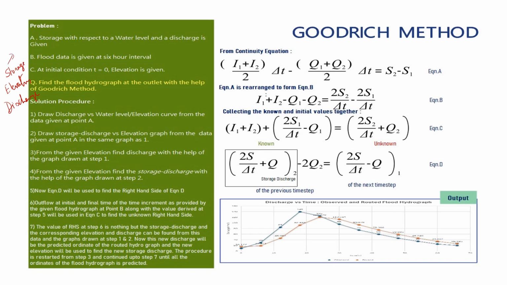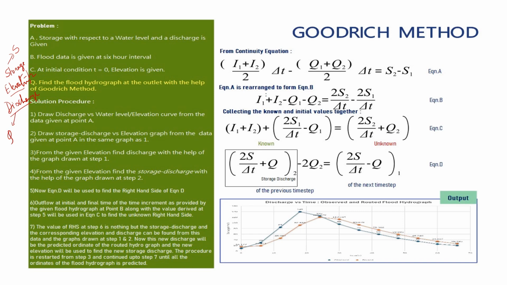Storage is represented by the letter S, elevation is represented by the letter small h, and discharge is represented by Q. Discharge here can also be referred to as outflow.